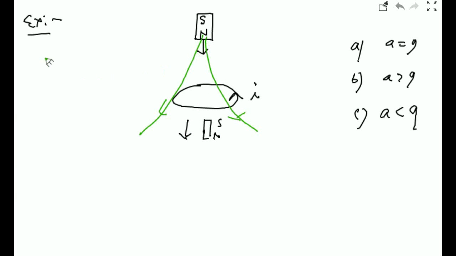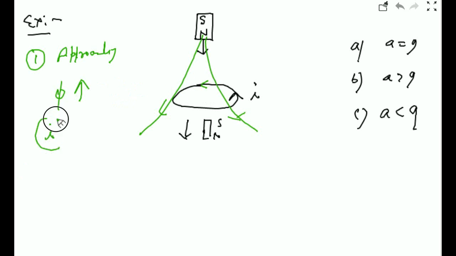So in the first case, case 1, the bar magnet is approaching. At that time flux is increasing in this coil, and then induced current will flow in this coil, and the direction of the induced current will try to oppose the magnetic field. So of course this is the anti-clockwise direction.